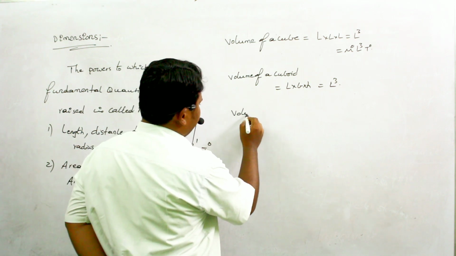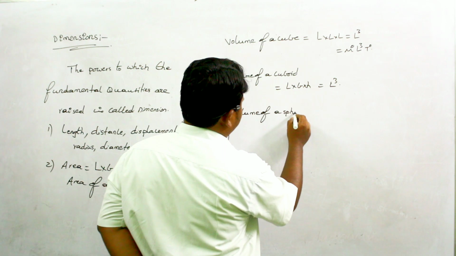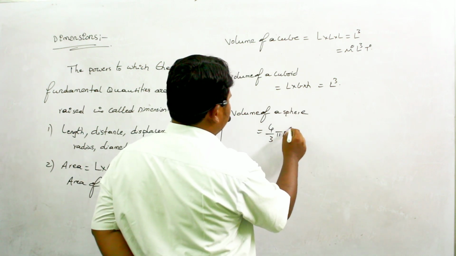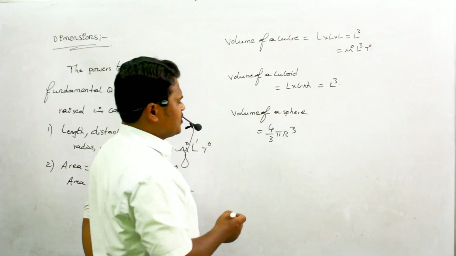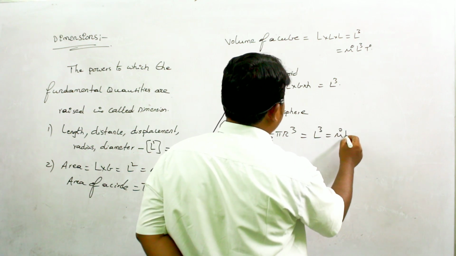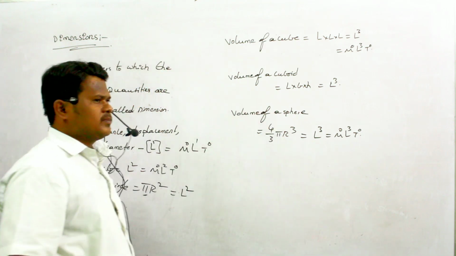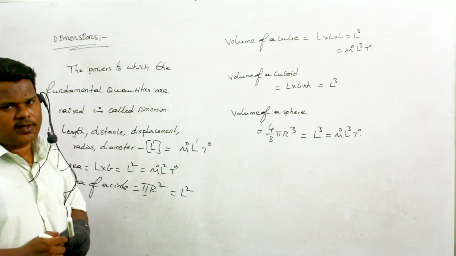Similarly, if I calculate the volume of a sphere, then it has the formula of 4 by 3 pi r cube, and here 4 by 3 is a dimensionless constant. So again we have a dimension of L cube, or we can write M power 0 L cube T power 0. So this is how we can understand the dimensions of physical quantities.